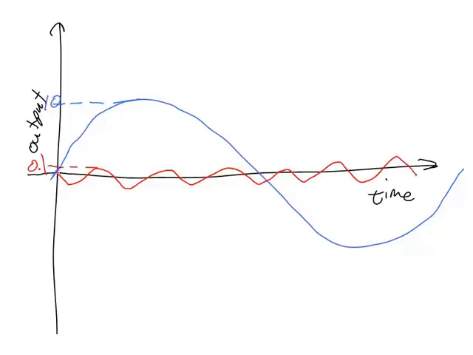Notice I drew the signal starting to go down, so that this would be 180 degrees out of phase with a sine wave. Now that I have the individual outputs to each of these individual inputs, all I have to do is add them together. The final result will look something like this.